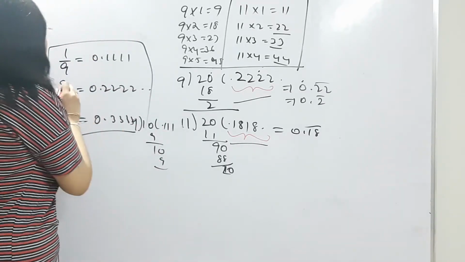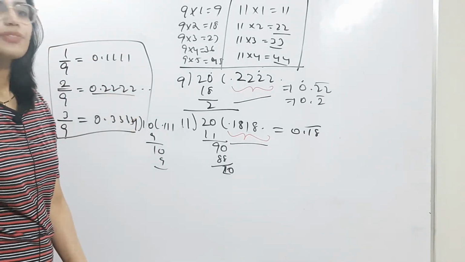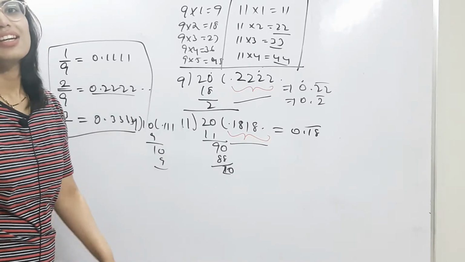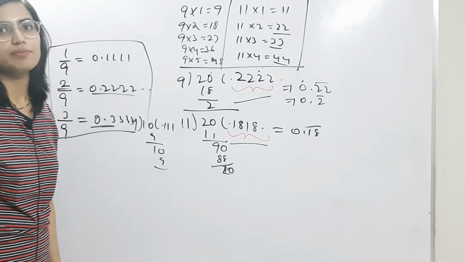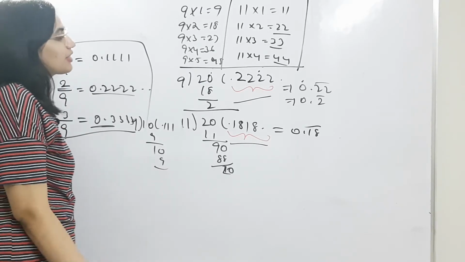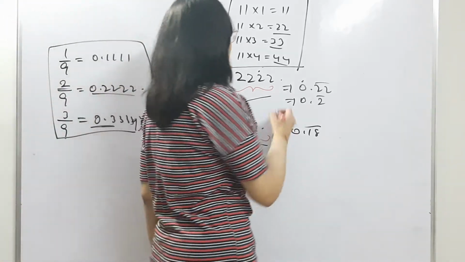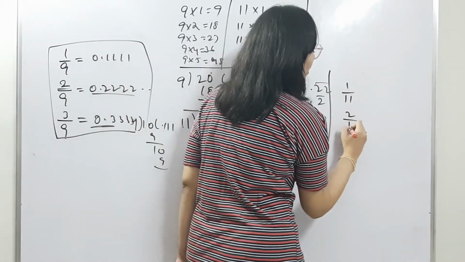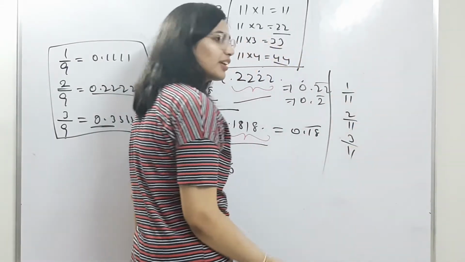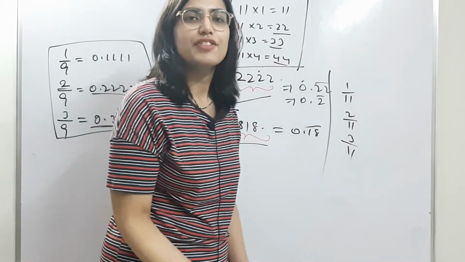If it's 2, we'll get what is 11 into 2. If it is 3, we'll get what is 11 into 3. But because it's a reciprocal, you need to put this in the decimal form. Okay. Now, if in exam they ask you to find the decimal form of 1 by 11, 2 by 11, 3 by 11, how do you find them? Do you again go by the division method and calculate?